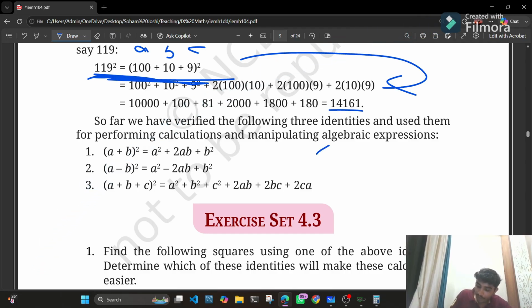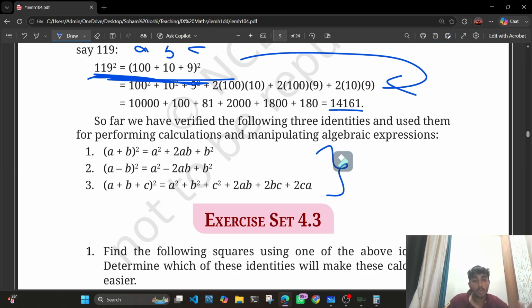So far we have learned these three identities. Make sure that you are thorough with them, and you need to learn the proof as well, that is how we have derived the identity.